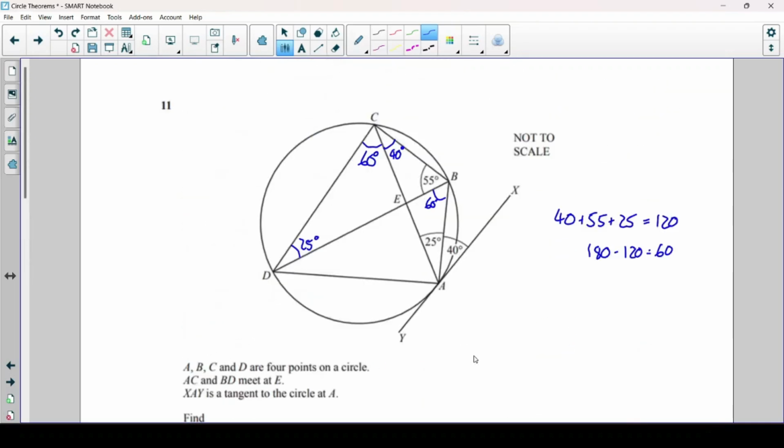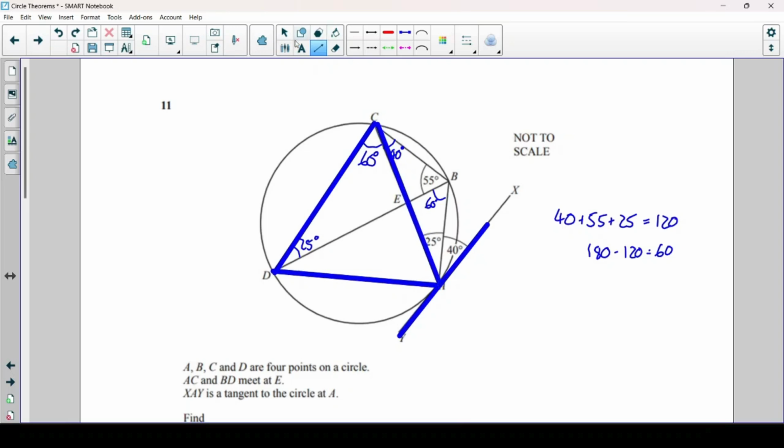Angle YAD is next. YAD. To be able to find an angle between the tangent and a line like this, often it's using the alternate segment theorem. So I'm just going to make that line a little bit longer. I'm going to draw in the triangle that connects to the tangent there.